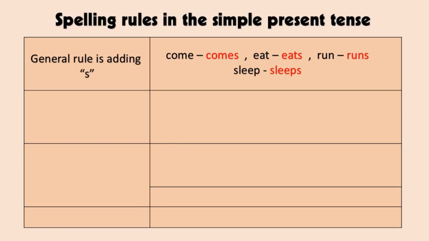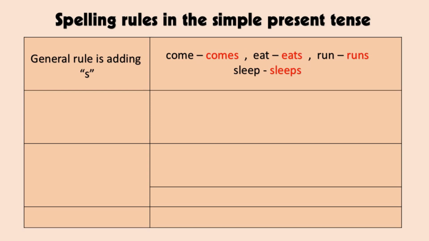The general rule is adding s to the verb. That happens with most of the verbs in English when the subject is singular. That is how the verb is converted into singular form. Like in these verbs, come comes, eat eats, run runs, sleep sleeps, etc.